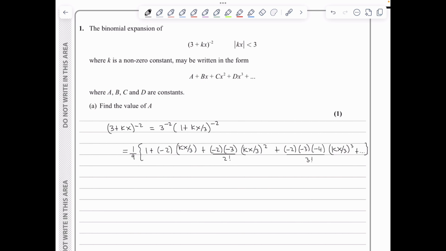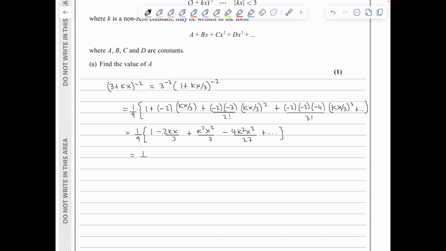I will proceed by simplifying. So we've got 1/9 times (1 - 2kx/3 + k²x²/3 - 4k³x³/27 + ...). And if I further expand, we get 1/9 - 2kx/27 + k²x²/27 - 4k³x³/243 + ... Well, a is the constant term.